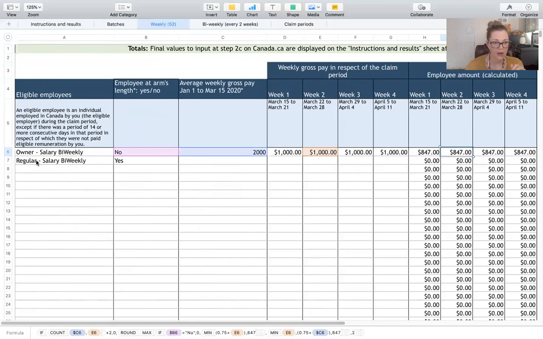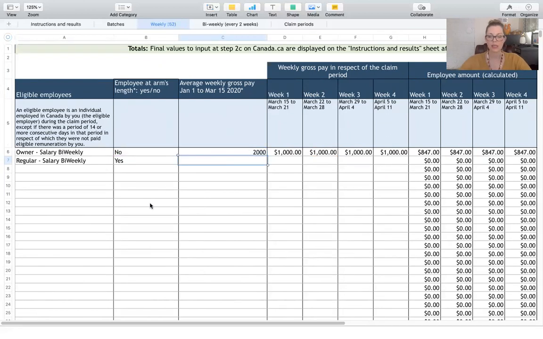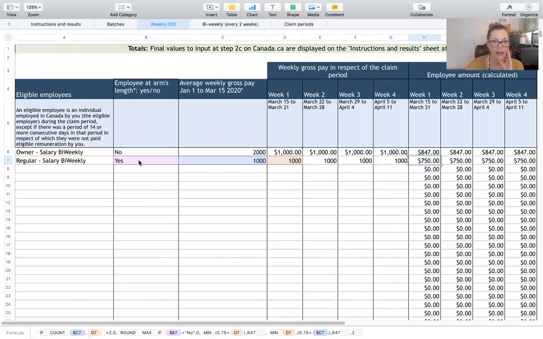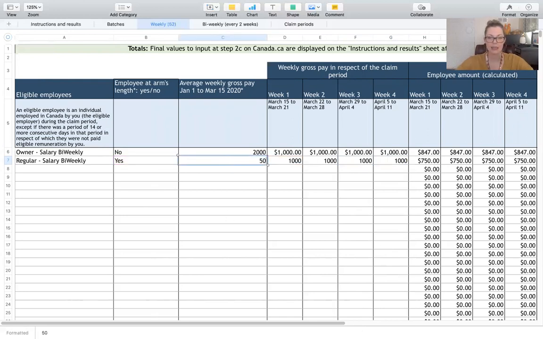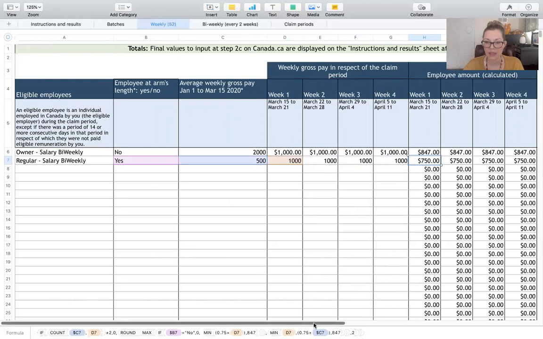And then, okay, let's say I was a regular person with a salary of the same, and I used to get less, and now I'm getting 1,000. Well, that's okay. I can still get $750.